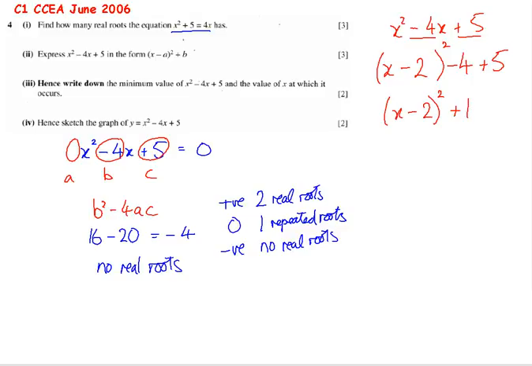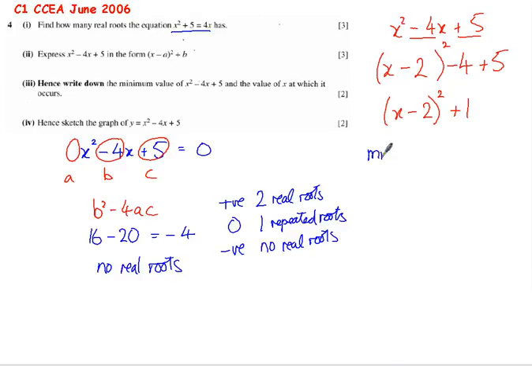Then it says, hence write down the minimum value of this and the value of x at which it occurs. Well, if we look at this equation, this bracket is squared. So whenever we put any kind of number in here, we will always get a positive number when we square it, except when the bracket is equal to 0.